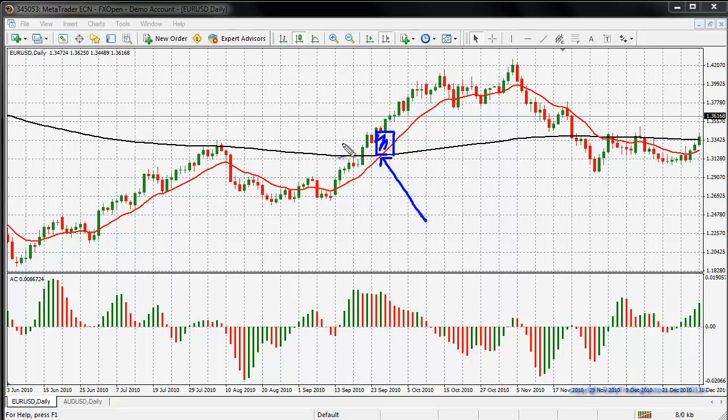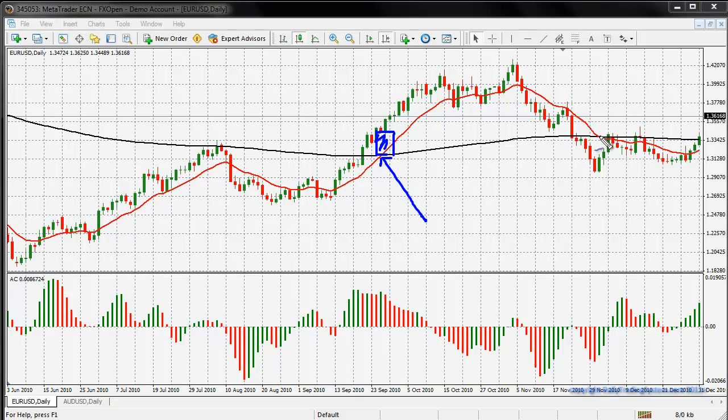That's one element that I'm looking at. The reason is that when you see where the crossovers appear, the closer they are to the candles, the more you're going to get out of the trade at the end of the day. But the further away the crossover appears, the less you're going to get out of it.